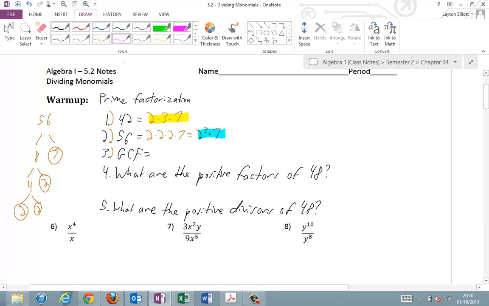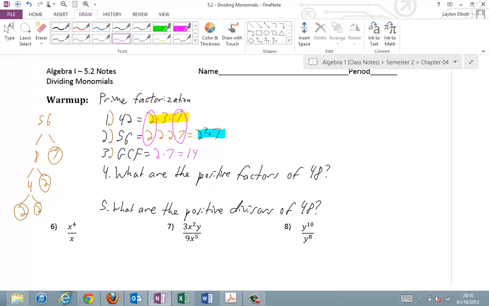They have a single 2 and a single 7 in common, which means that the greatest common factor should be 2 times 7, which is 14. And in fact, 42 divided by 14 is 3, and 56 divided by 14 is 4. They both divide by 14.